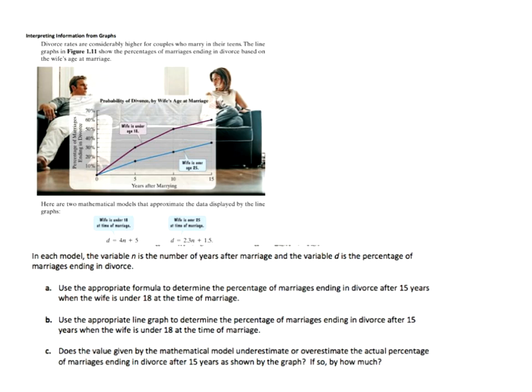You can see from a quick glance at the graph that obviously the younger the girls are, the quicker they get divorced, basically. It rises quicker, and it rises more than the blue line does.